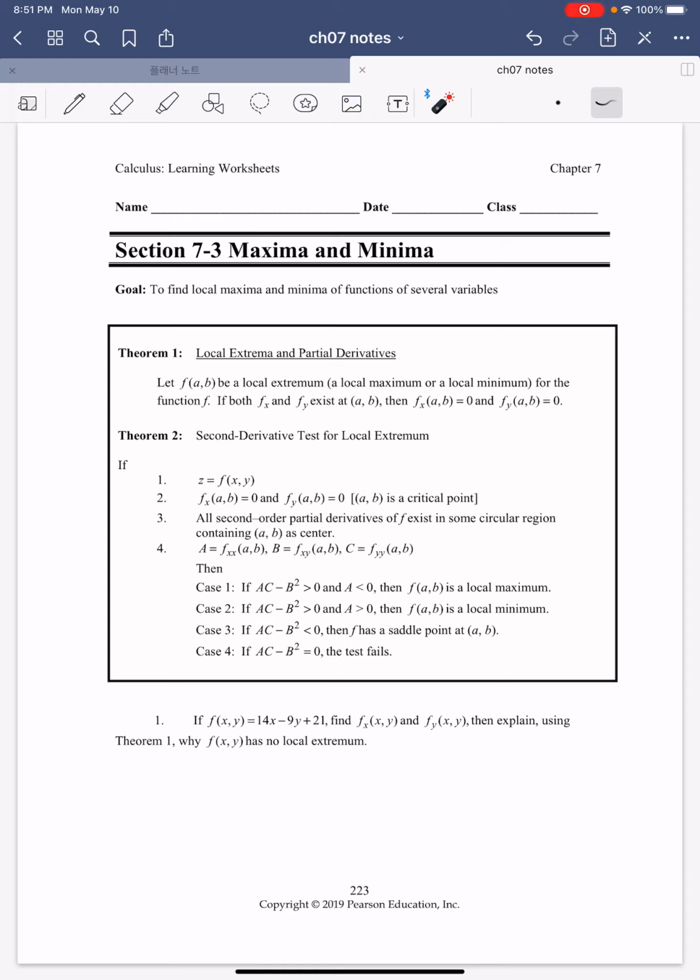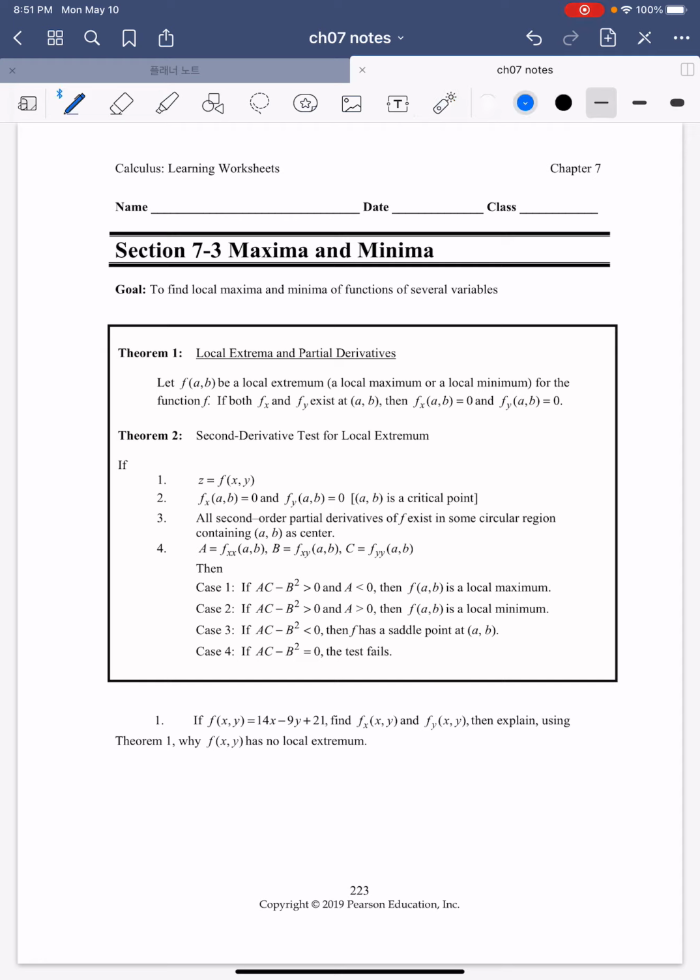So we have a function f of x, y defined as 14x minus 9y plus 21. Find the first partial derivatives, then explain using theorem 1 why f of x, y has no local extremum. So let's start taking partial derivatives.